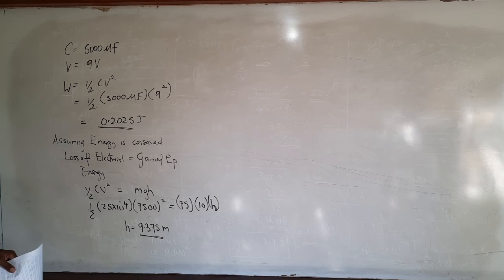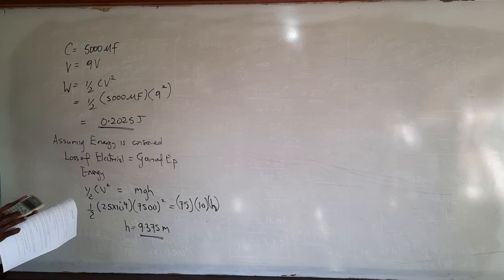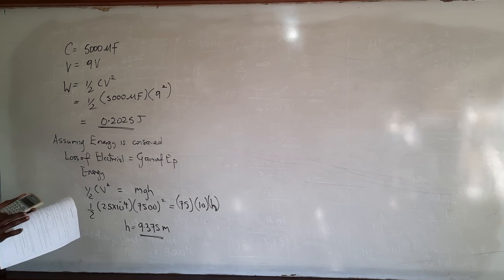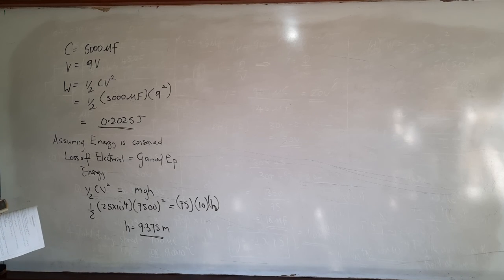Right? Just check our value. So we have 2.5 times 10 to the negative 4 times 7,500 squared times 0.5, and you then divide it by 750, right? So 9.375 meters.